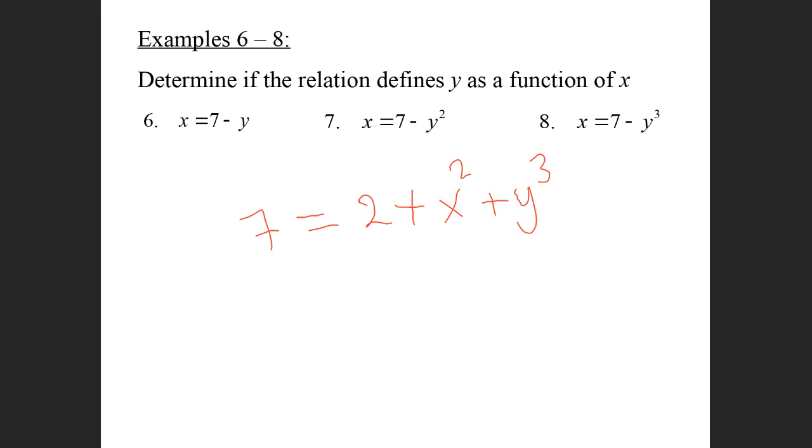Does this equation, the red equation, define a function or not? You can vote now.